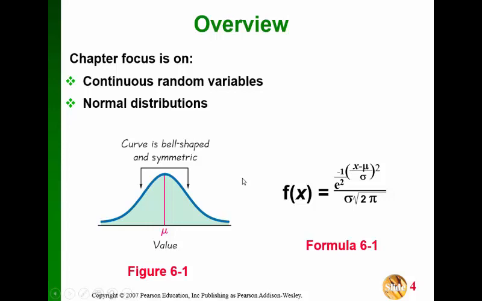But when we get to the normal distribution, because this is a continuous random variable, we're not going to be looking at a table of values like in the binomial distribution where we had x and p of x. We won't have anything like that because it's continuous. There's an infinite number of values that we're talking about. So the best way to do that is with a graph.